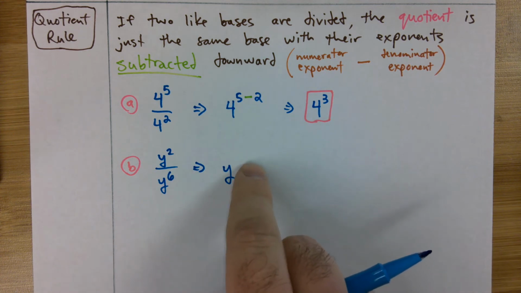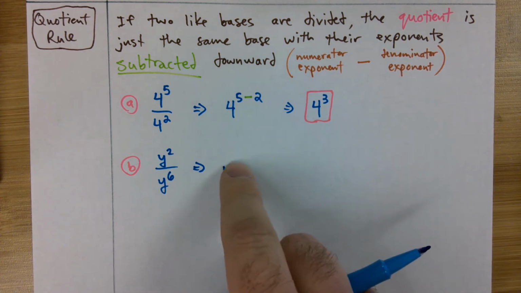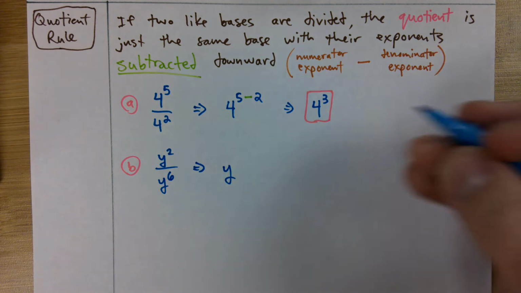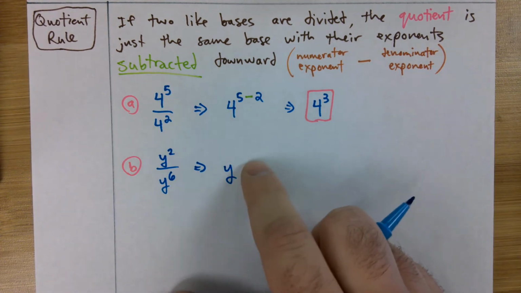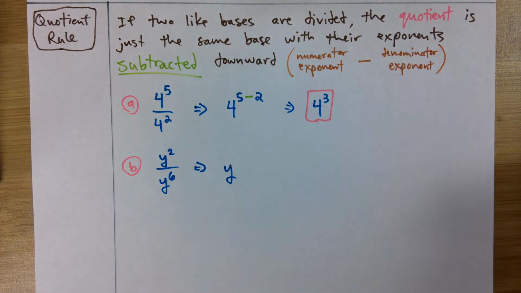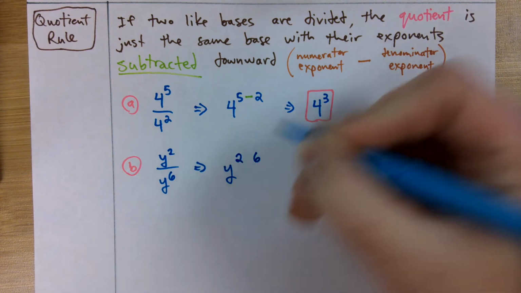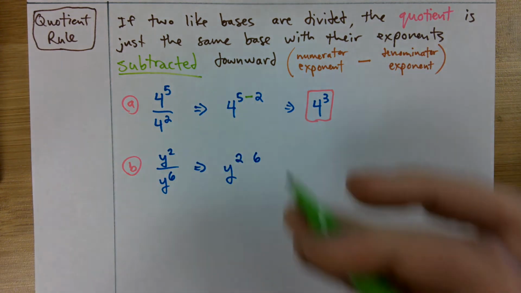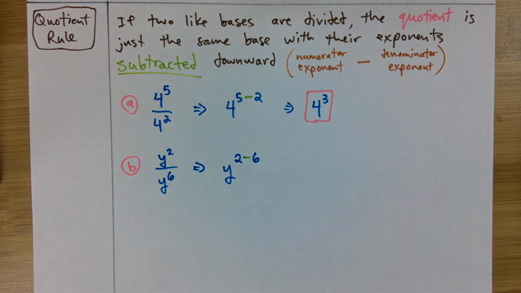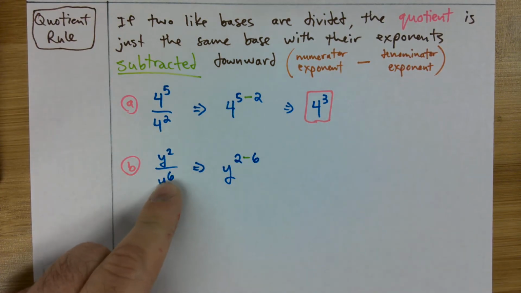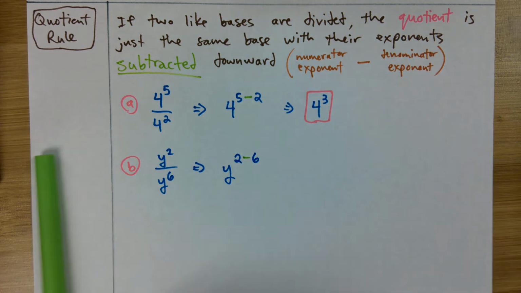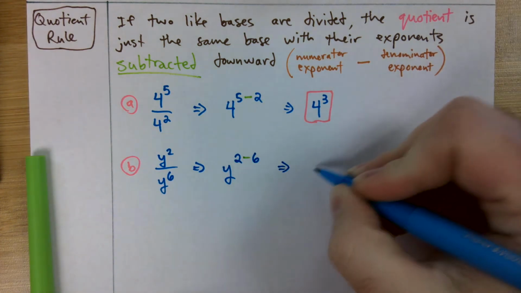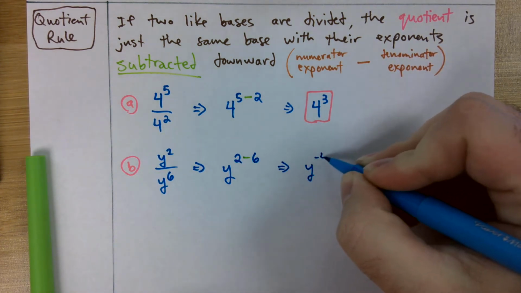So what is our exponent up here going to look like? Noah? Good. What are we going to set up before we get to the answer though? 2 minus 6. There we go. 2 minus 6. Not 6 minus 2. Always subtract downward. Top exponent minus the bottom exponent. And then Noah says 2 minus 6 gives us an exponent of negative 4.